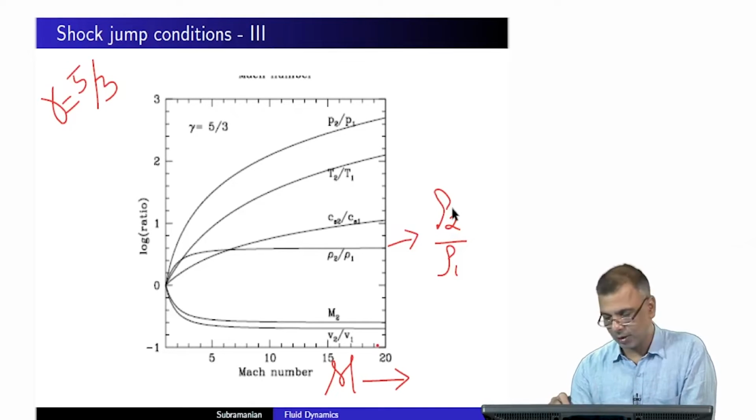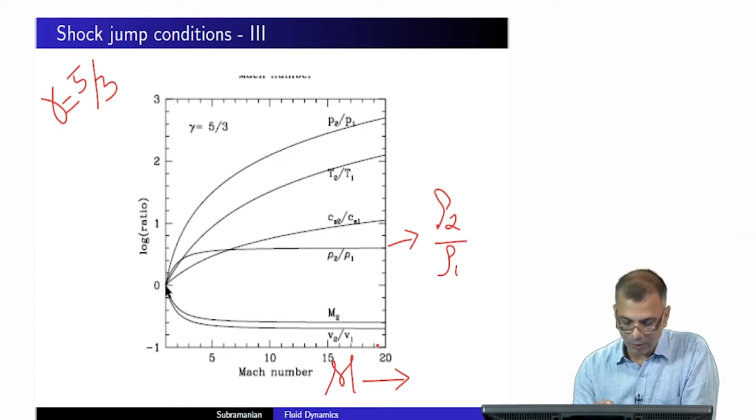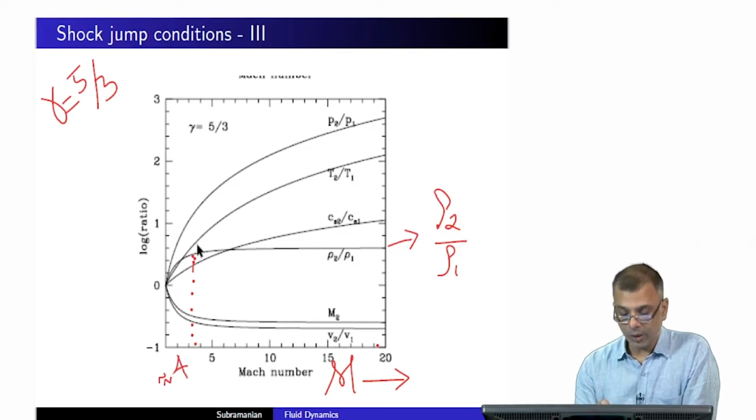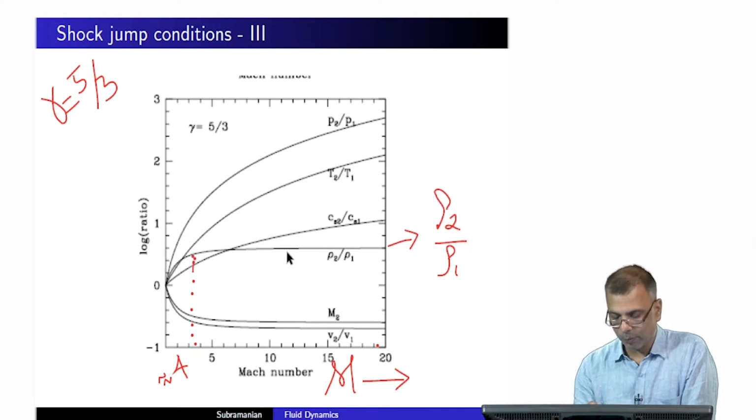It shows that the ratio of the downstream density to the upstream density increases with Mach number a little bit, and then it plateaus off. Beyond a Mach number of about 4, the density jump pretty much plateaus off.